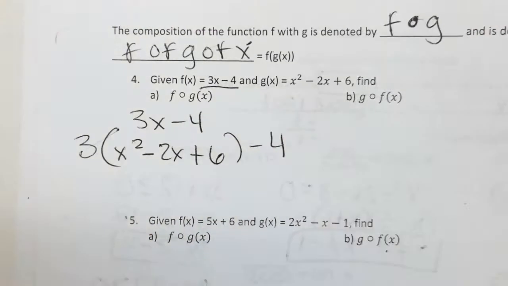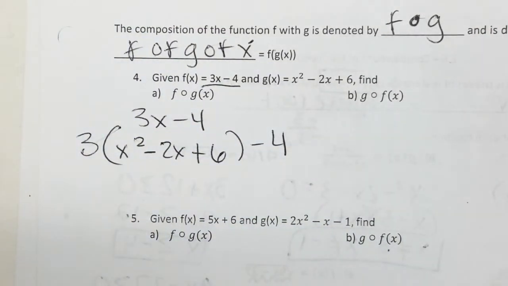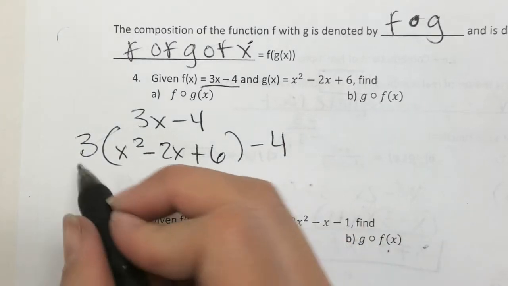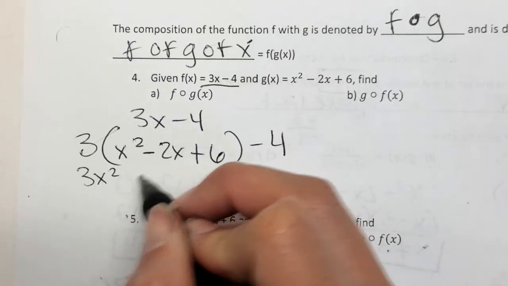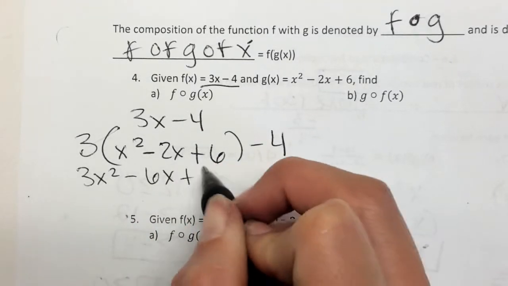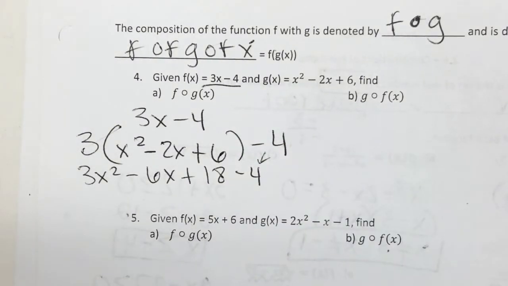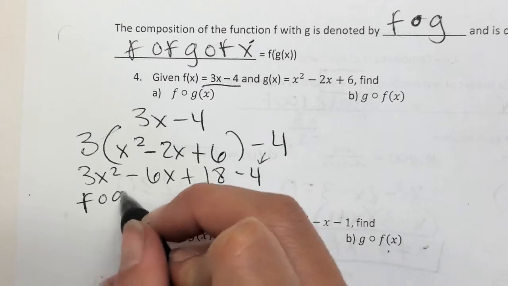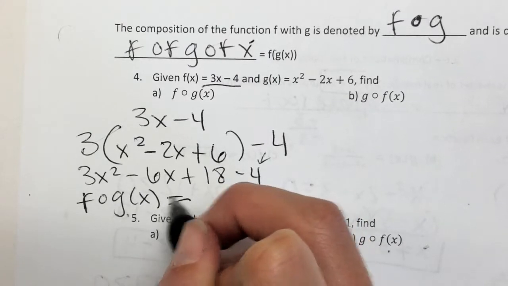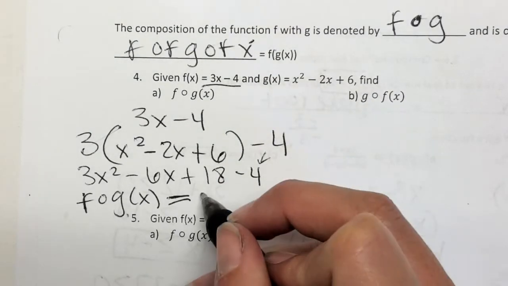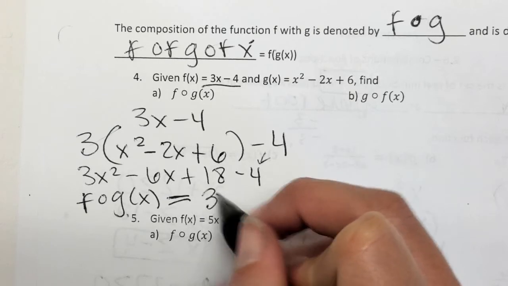And all you have to do from here is simplify. So the first thing we need to do to simplify is what? Distribute. Good. That would make what? Plus 18. And then we bring down this minus 4 and just combine like terms. So f of g of x equals, tell me the first term that we'll have. 3x squared.